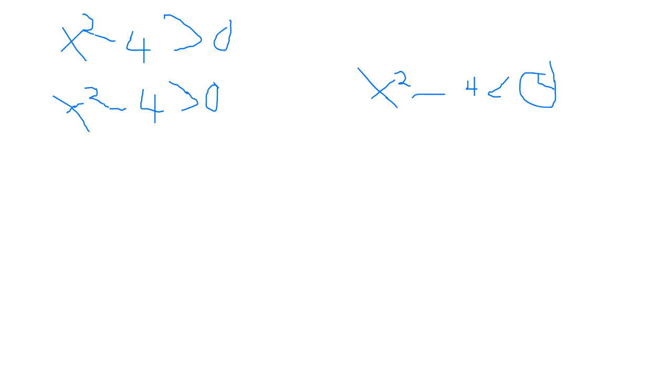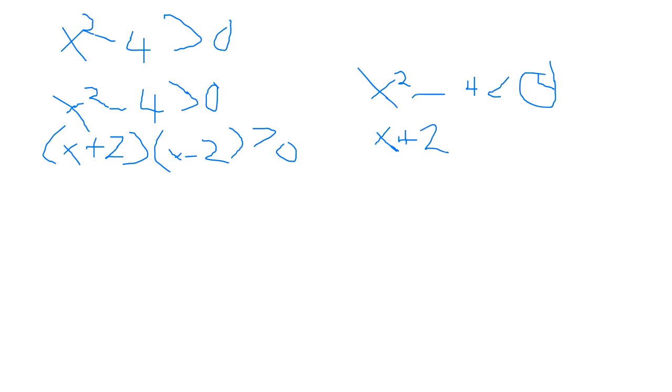So here you are going to have a difference of two squares. x plus 2, x minus 2. Have you seen that? Yes. x plus 2 times x minus 2 greater than 0. Then here you are going to have x plus 2 times x minus 2 less than 0.